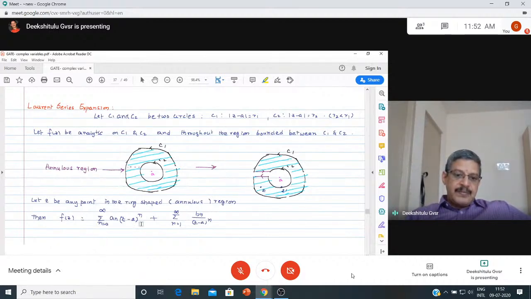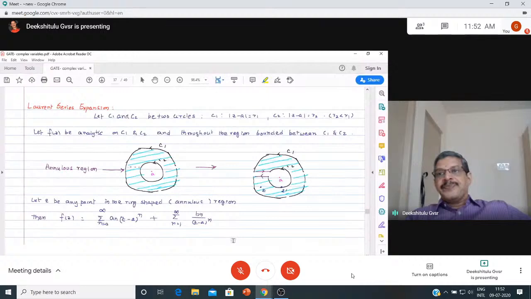If you observe, this is Taylor's form. So this part of the Laurent series is called the analytic part. Why? Because it is the same as the Taylor series, which is possible only when the function is analytic. The second part has a_n here, b_n here, but instead of positive powers of z minus a, we have 1 by z minus a power n, or z minus a power minus n.